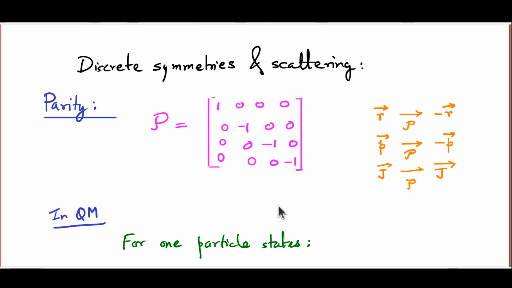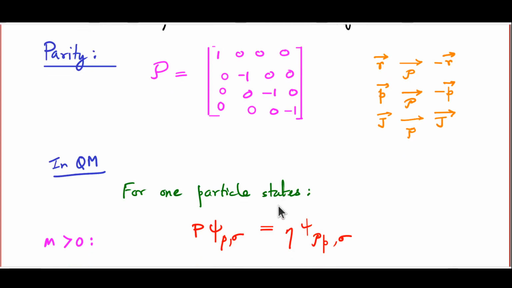In such cases, we have already seen what happens to one particle states under the action of the parity operator. We have seen that the massive and massless cases are slightly different. In the case of a massive particle, which is characterized basically by its 4-momentum p and spin component sigma, which is really the third component of its angular momentum, the action of capital P is very simple.